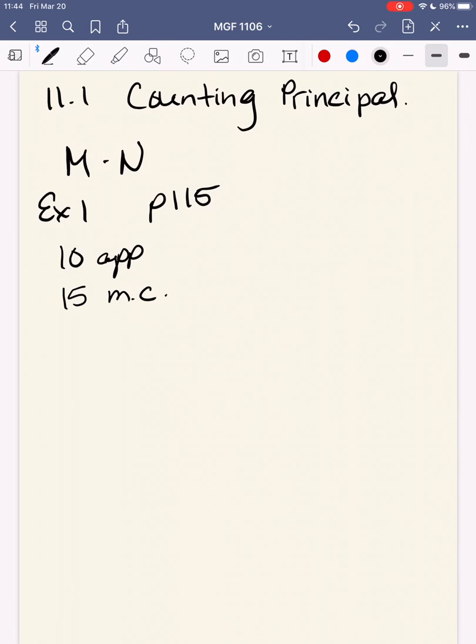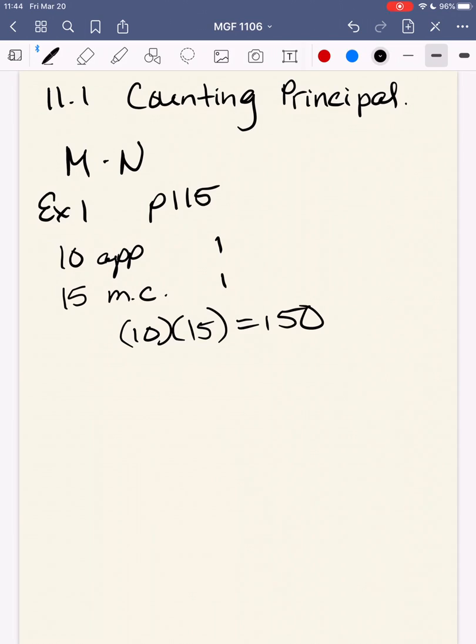When they're saying a 2-course meal, they mean one item from here and one item from here. So now what we're going to do is just multiply those. We have 10 multiplied by 15, and that is going to give us 150. So we have 150 different ways we could order an appetizer and a main course.